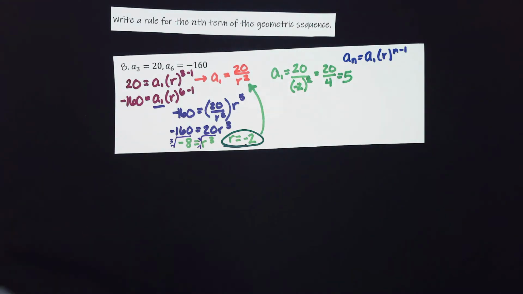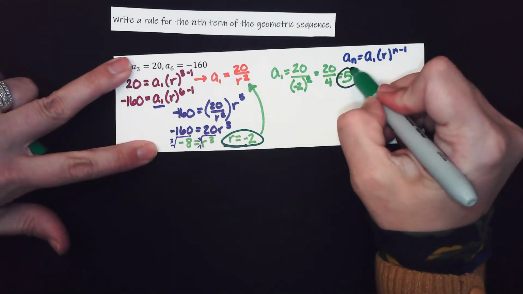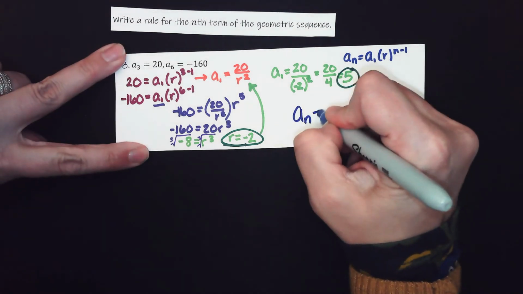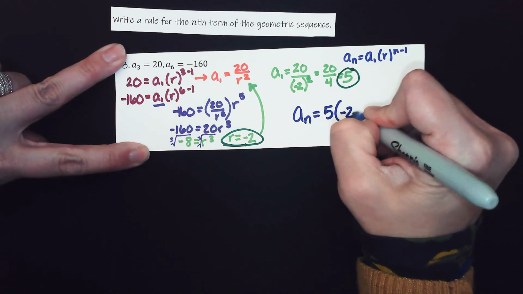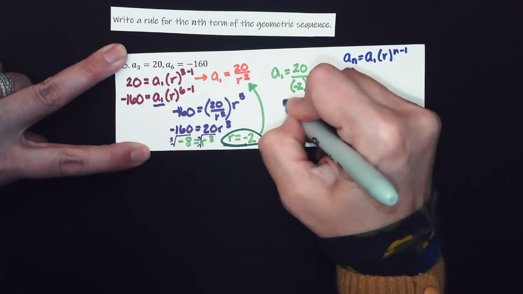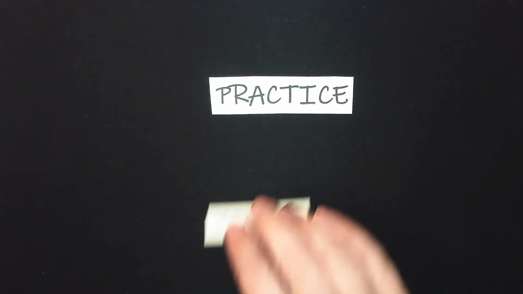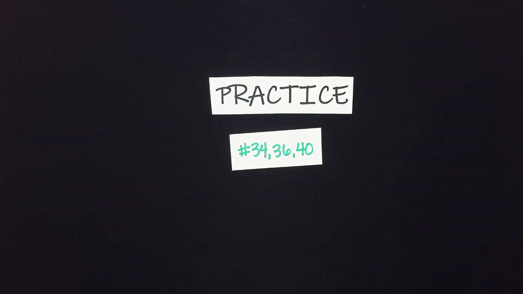So I now found a1, I have r, and I can write my final rule. a sub n is going to equal 5 times negative 2 to the n minus 1 power. And now you can find any term in that sequence that you want. So now go to your practice and do problems number 34, 36, and 40.